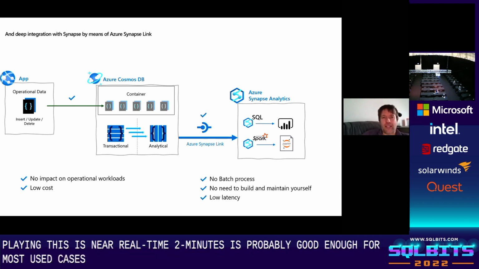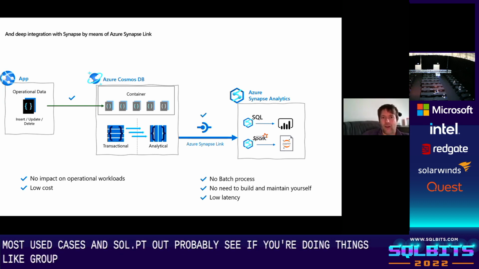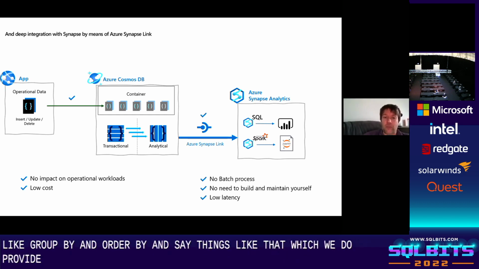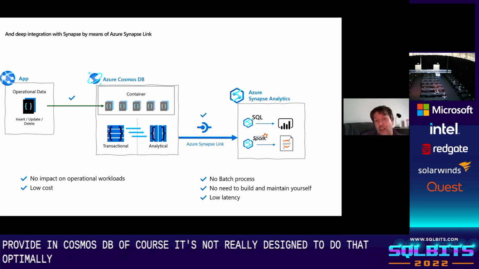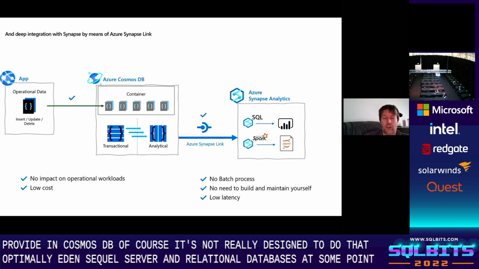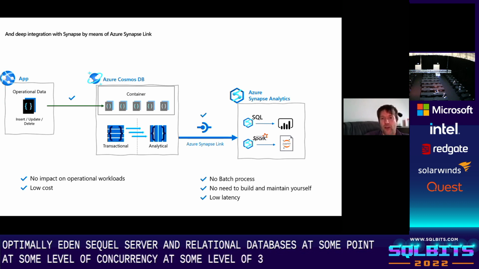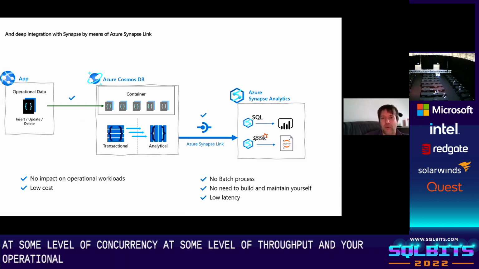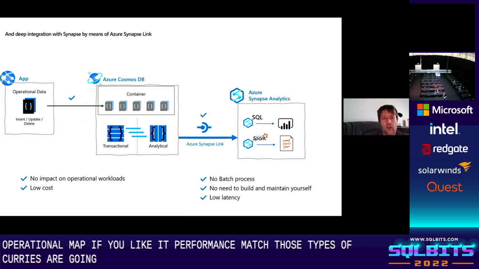And as I will point out probably several times later on in the demos, if you're doing things like group by and order by and sum and count, which we do provide in Cosmos DB, of course, it's not really designed to do that optimally. Even SQL Server and relational databases, at some level of concurrency, at some level of throughput in your operational performance map, if you like, those types of queries you're going to struggle with.